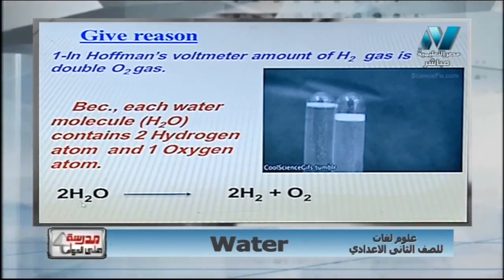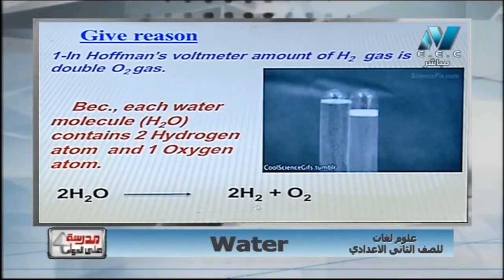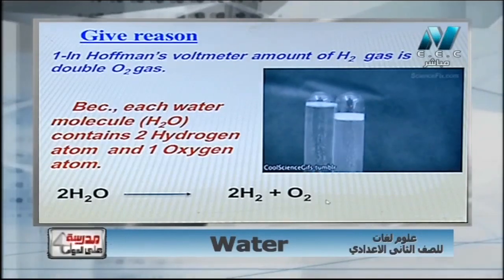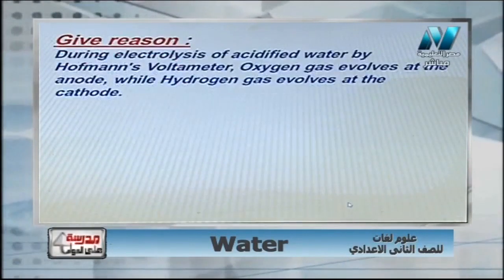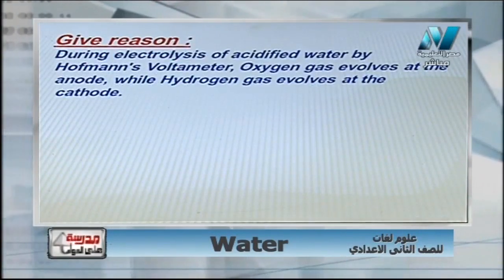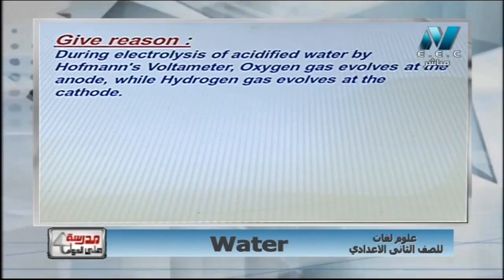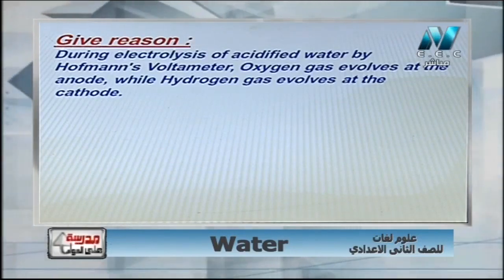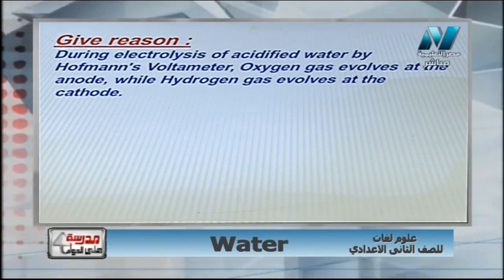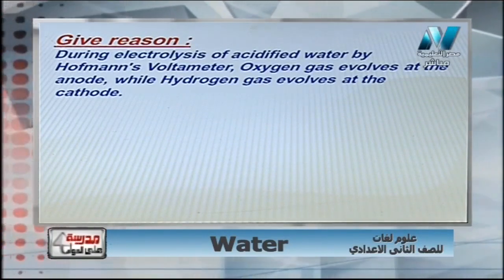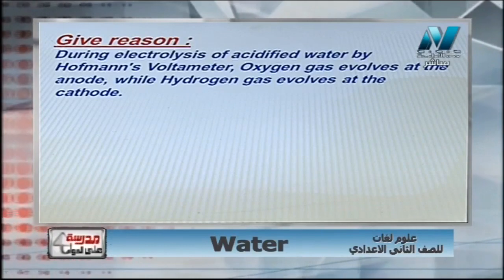And this is the equation: the water decomposes into 2 hydrogen to 1 oxygen. Again, give reason: during electrolysis of acidified water by the Hoffman voltameter, oxygen gas evolves at the anode.